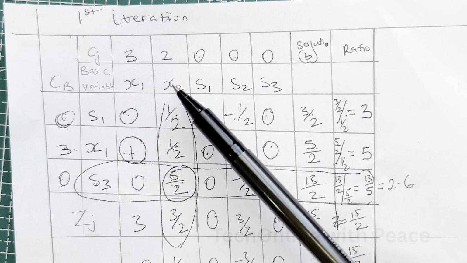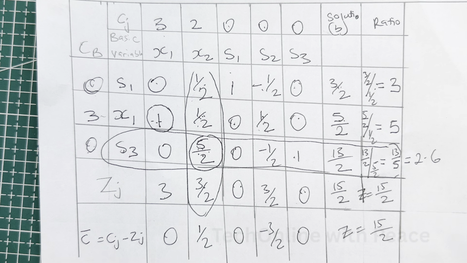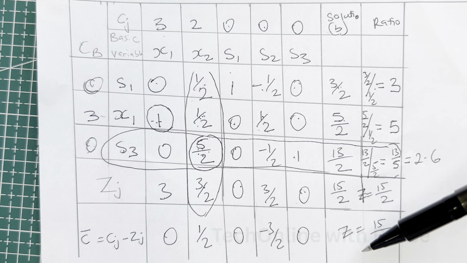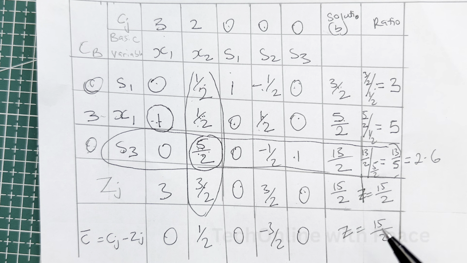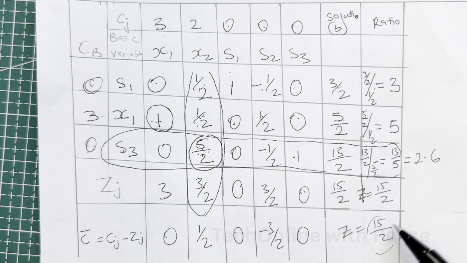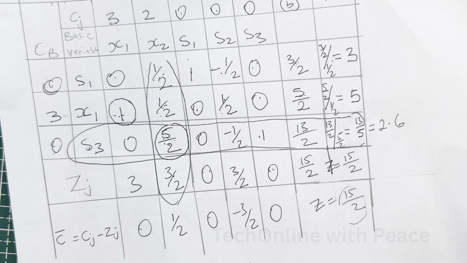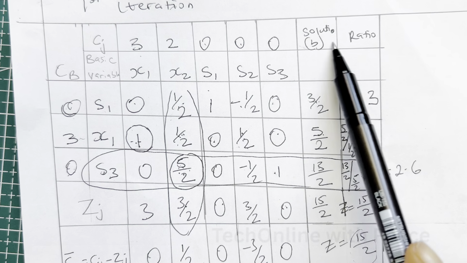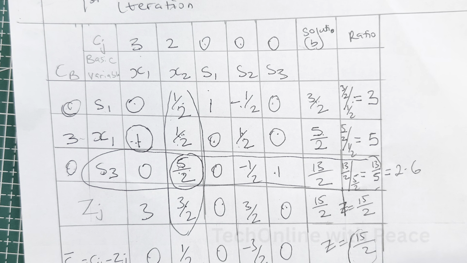S3 is leaving and S2 is entering. Also, the reason I like to find the values of Z here is to check if I'm on track. To check if you're on point, you can verify if this is correct. How do we do that? From the objective function given to us, we want to verify if there is any mistake somewhere.